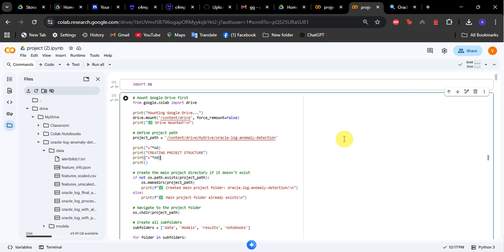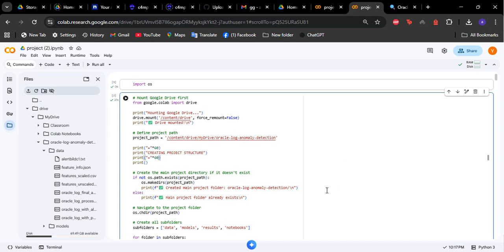My project focuses on analyzing Oracle database alert logs and automatically detecting abnormal system behavior using machine learning techniques. Oracle logs are normally raw text files containing timestamps, error messages, warnings, and system events. These logs come in very high volume in telecommunication systems.